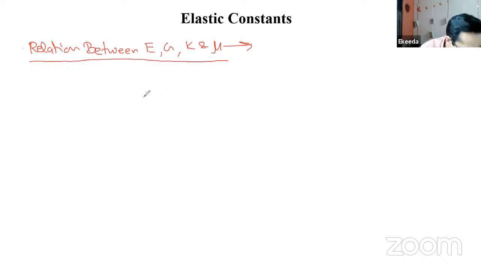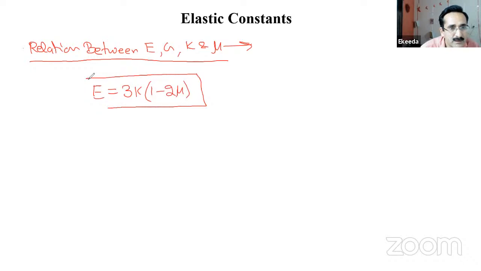You should remember these formulas, right? So one of the relations is E is equal to 3K(1 minus 2 mu), right? This is the very important relation between E, K and mu. You should remember this. E is equal to 3K(1 minus 2 mu).